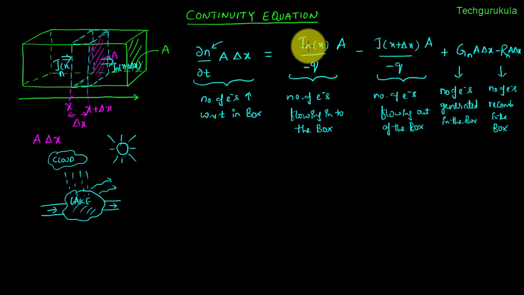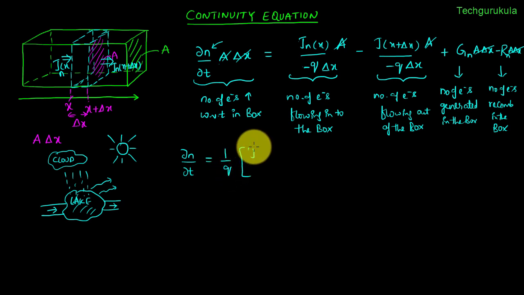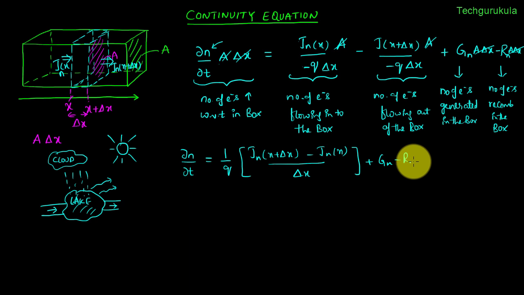Now let me rearrange this equation to make it smaller, where I can write del n over del t is equal to, taking a del x which is common in all of them and cancelling out a del x, so that we can write this as 1 over q times J n of x plus del x minus J n of x divided by del x, plus Gn minus Rn.